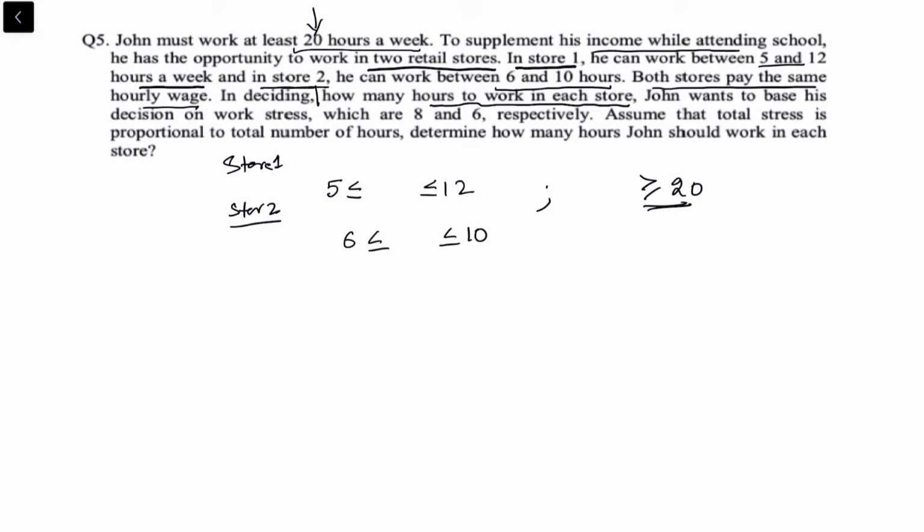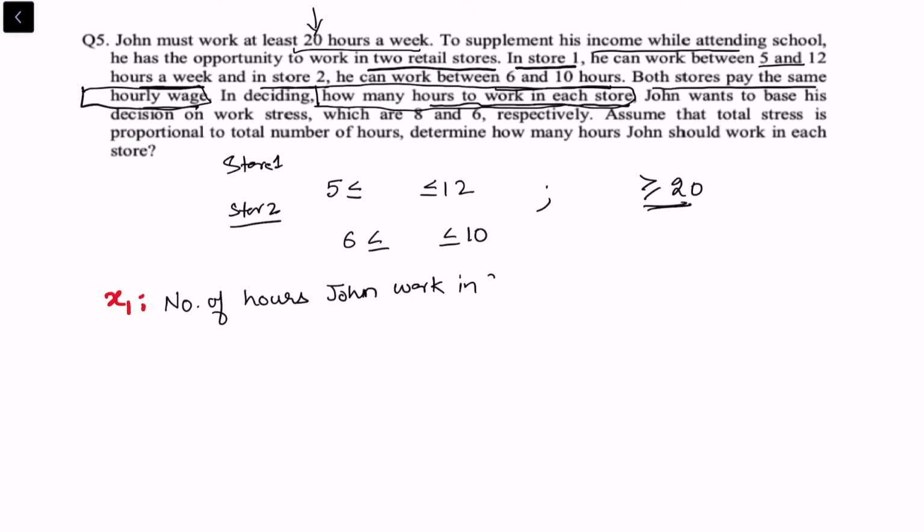Now this is the decision criteria, because the number of hours working in each store is not the same, although the wage rate is the same. So what should be our decision variable? We should choose, let's say, X1, the number of hours John works in store 1, because that cannot be the same, as said in the problem.